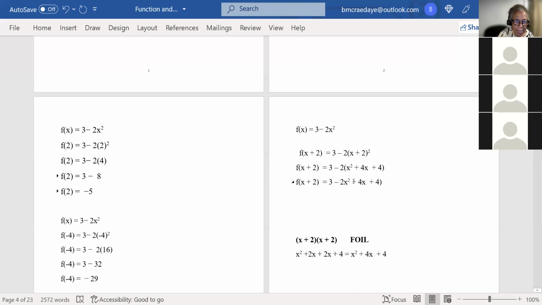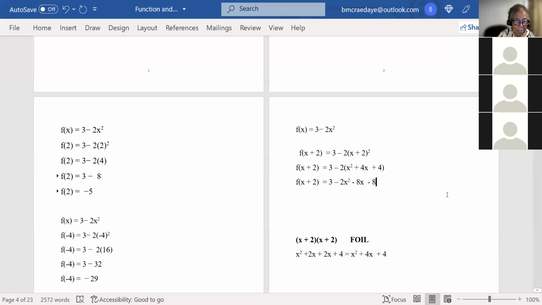Very good. Minus 8x. So let's put the 8x there. And what's minus 2 times a plus 4? Minus 2 times plus 4 is what? Plus or minus, Latoya? A minus 8. That's right. Negative times positive gives negative. So that would be a minus 8.